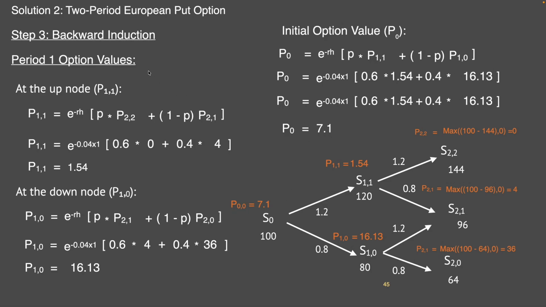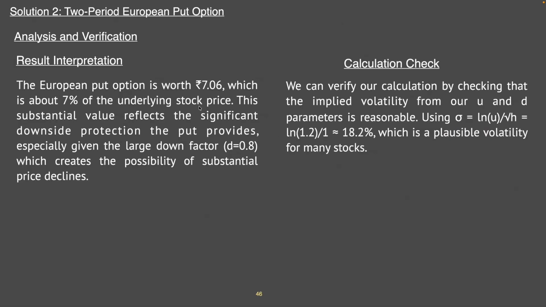So what is the strike price? 100. What is the option price? 7.1. So how much percentage is the option price compared to the strike price or the initial price of the underlying? It is 7.1%. So how do we interpret? In this European put option, the value is worth 7 rupees 6 paisa, which is about 7% of the underlying stock price.